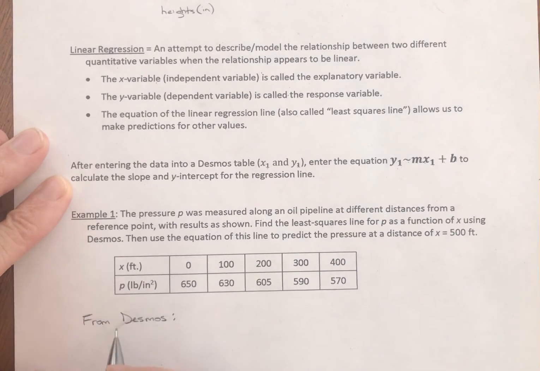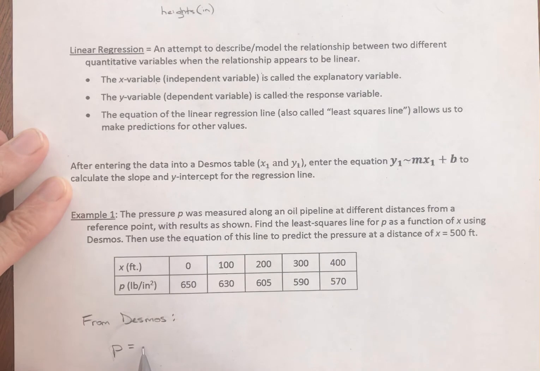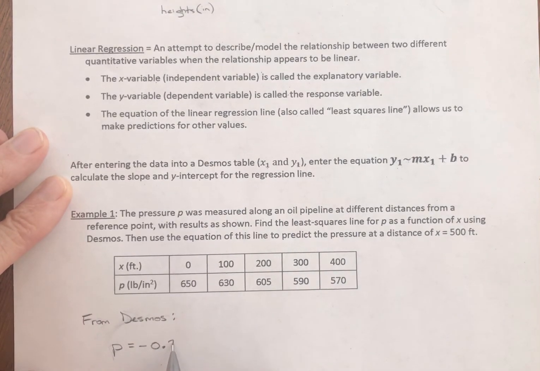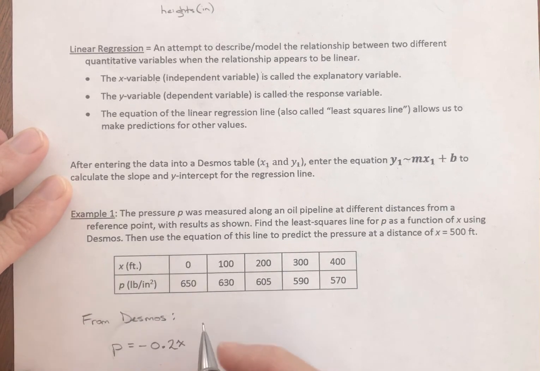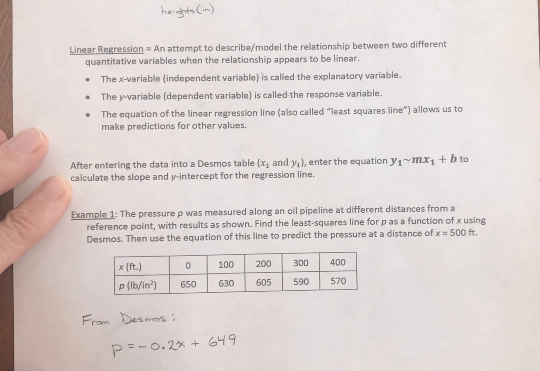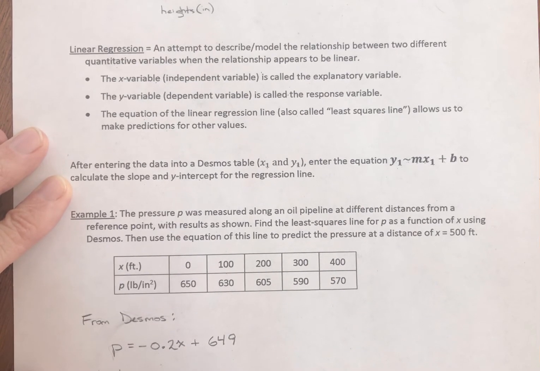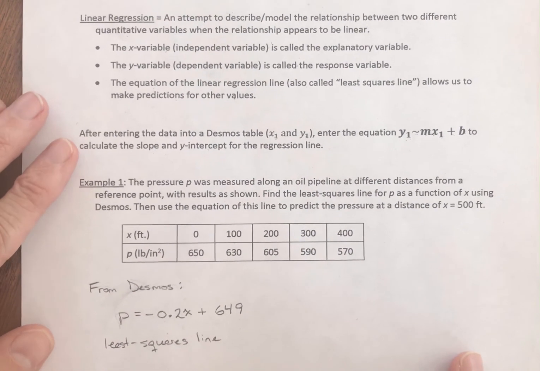Our y, of course, is p. P is equal to negative 0.2 times x, which is our explanatory variable here, plus 649. So this is the least squares line calculated mathematically for us by Desmos.